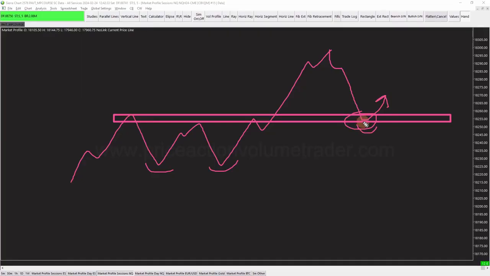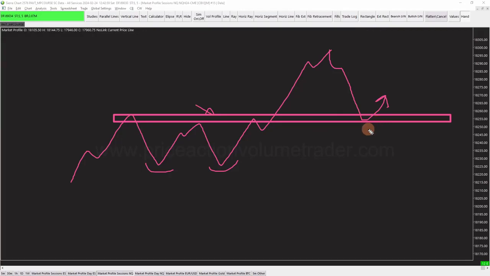You made a new higher high and broke this resistance to the upside, so now you're looking for a pullback area to get long.